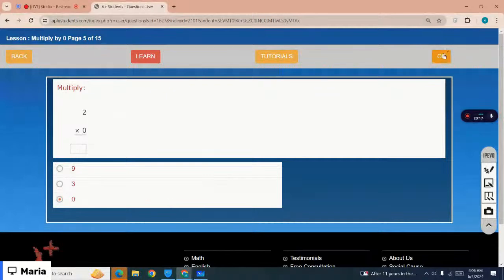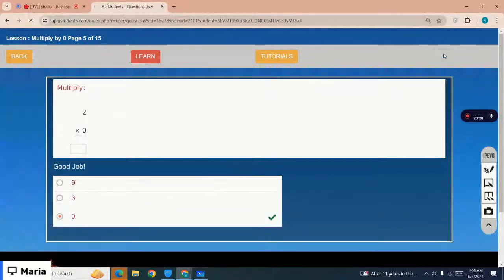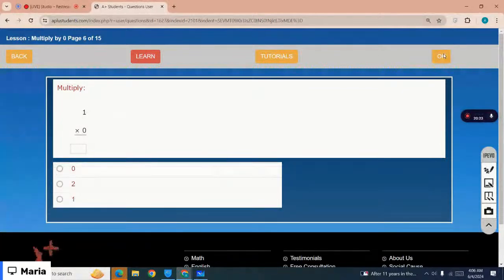The correct option is 0. 1 times 0, which is the correct option? 1 times 0 is, yes, 0. The correct option is 0.